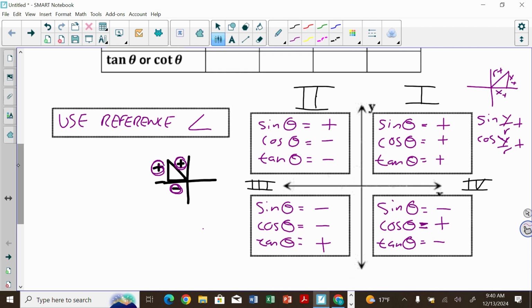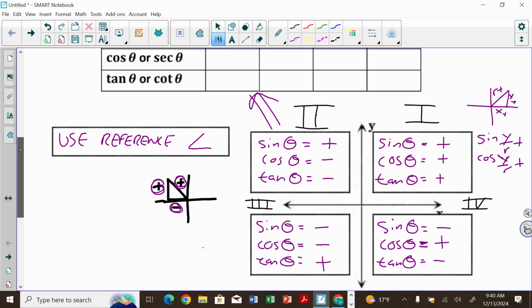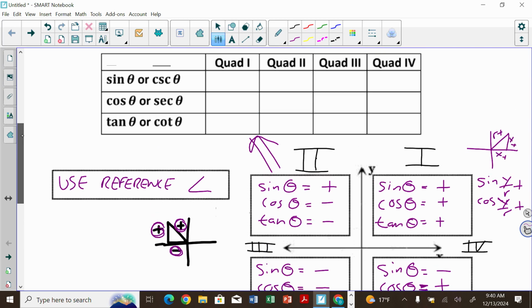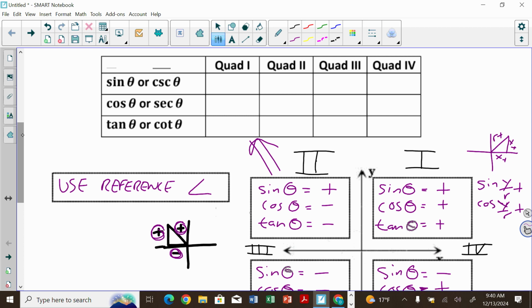All right, so taking all of this, I can fill out a different type of chart. It's the same information, but some people are going to like it a little bit different. In quadrant 1, my sine or cosecant is going to be positive. Going counterclockwise, positive in quadrant 2, and negative in quadrants 3 and 4.